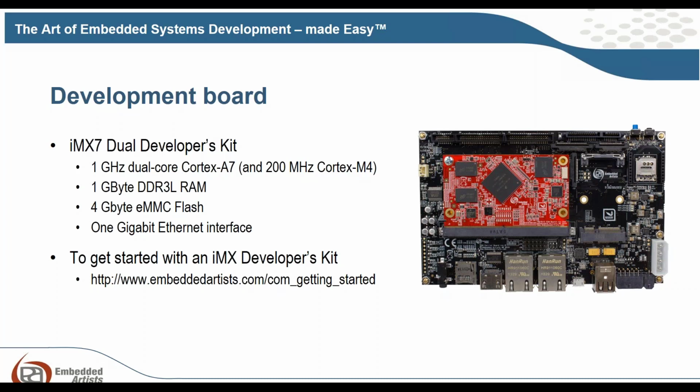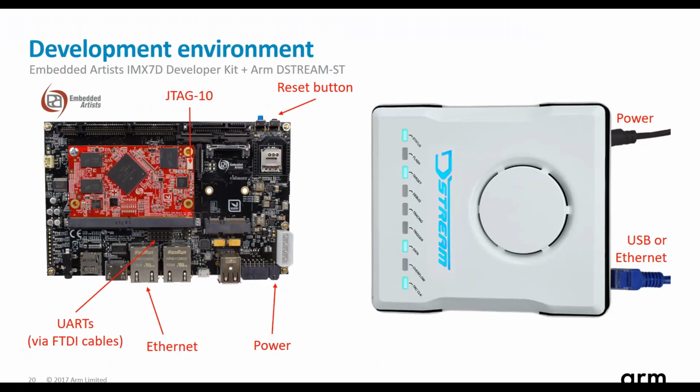Thank you very much, Anders. So in terms of development environment, what I have here on my desk is the Embedded Artists i.MX7D Developer Kit, plus we have our DStream debugger connected to it. We have the JTAG debugger connected to the JTAG 10 port on the Embedded Artists board. We have connected the power and UART as well.